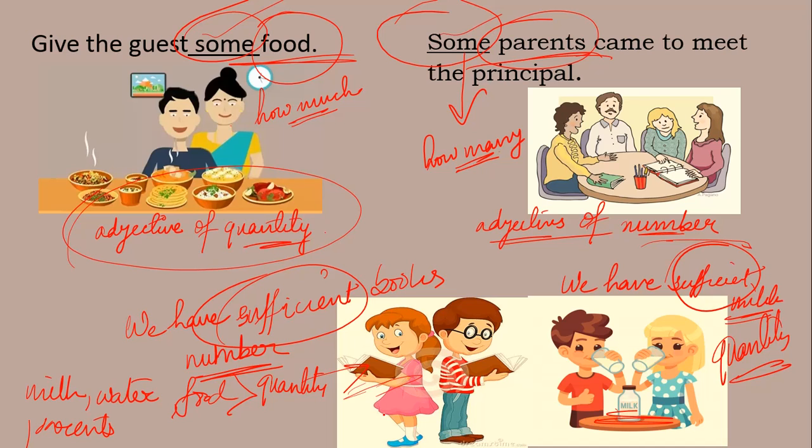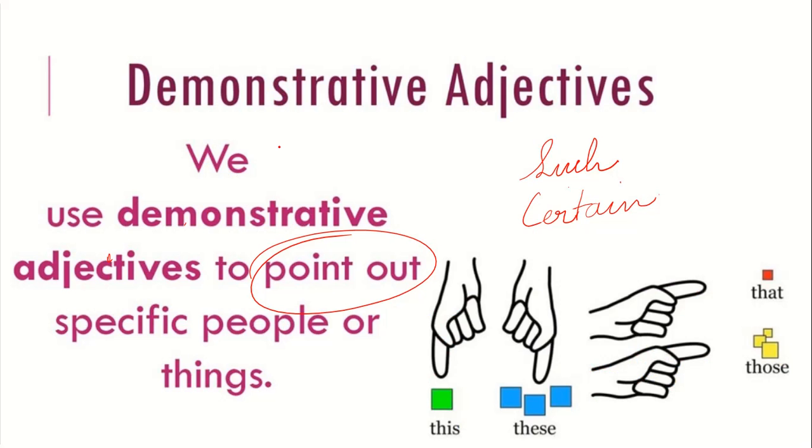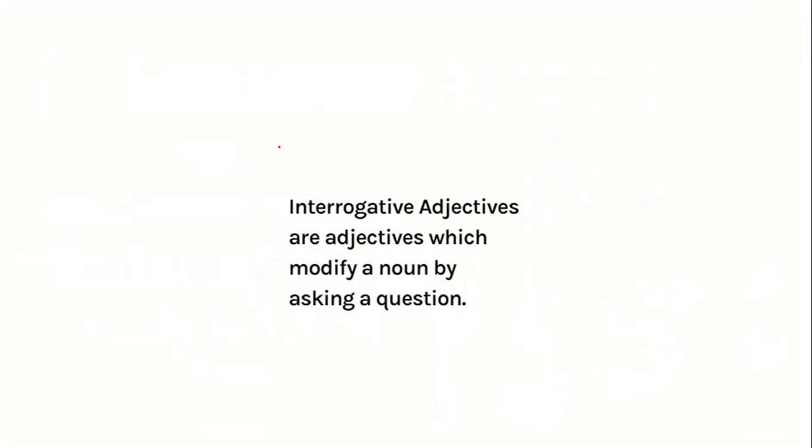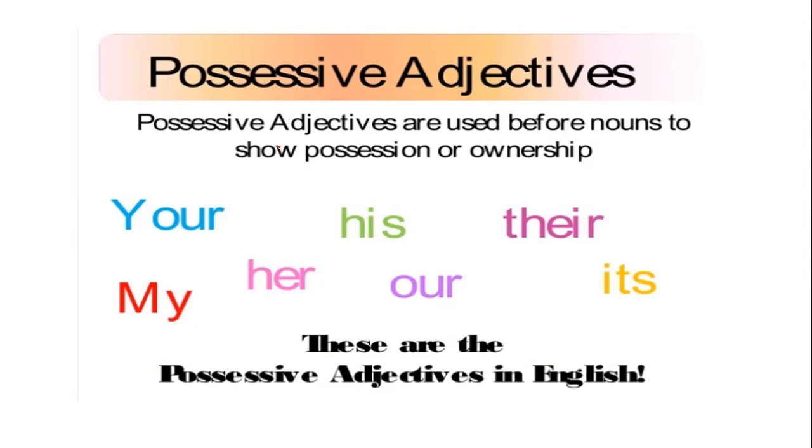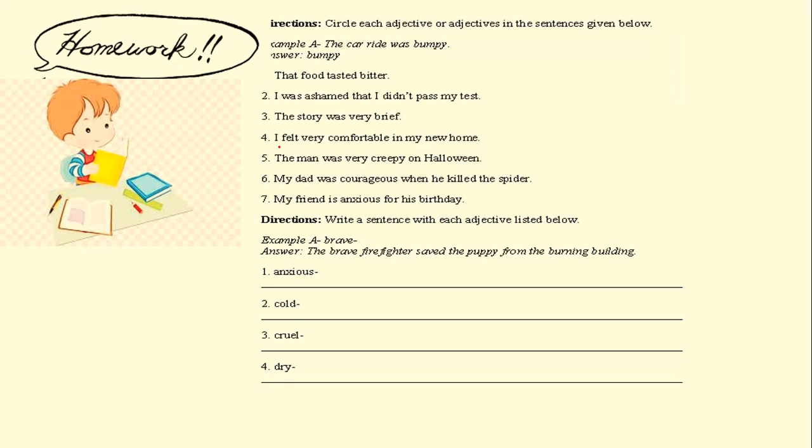What's the difference? This is how many, this is how much. Then we have demonstrative adjectives and interrogative adjectives, and at last the possessive adjectives, which we use to show possession or ownership or belonging.